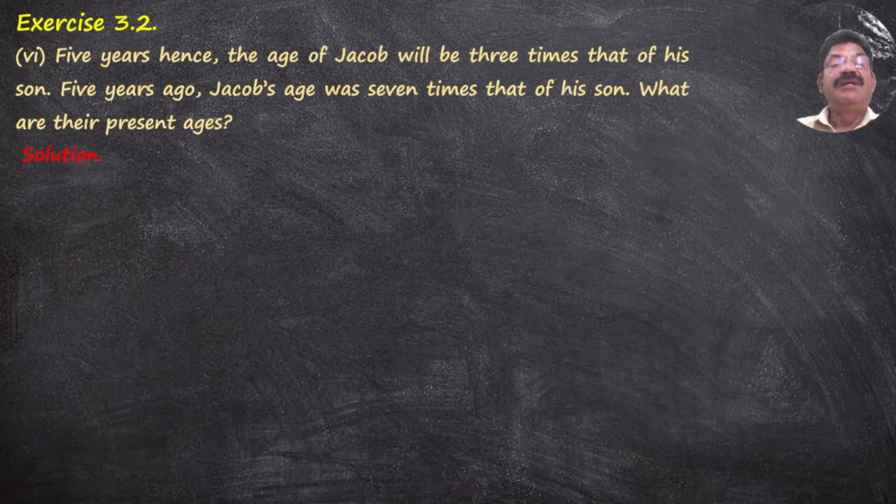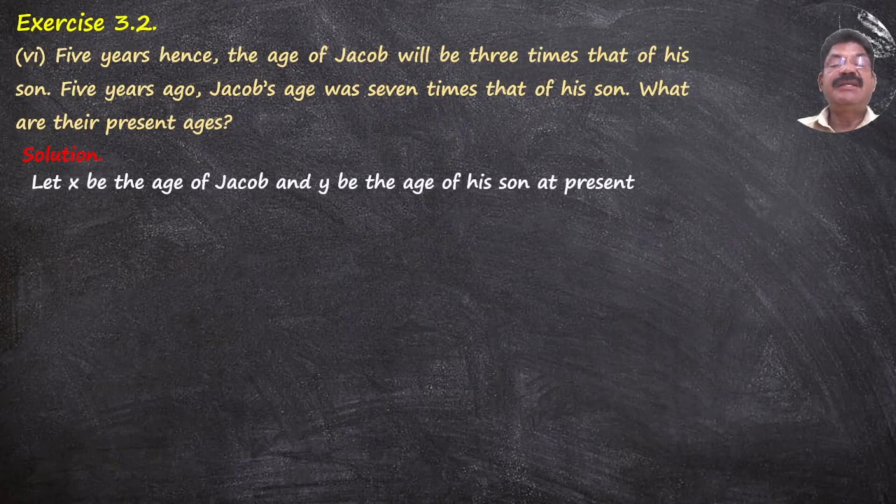Sixth problem. 5 years hence, the age of Jacob will be 3 times that of his son. 5 years ago, Jacob's age was 7 times that of his son. What are their present ages? So their present ages are required. Let x be the age of Jacob and y be the present age of his son.